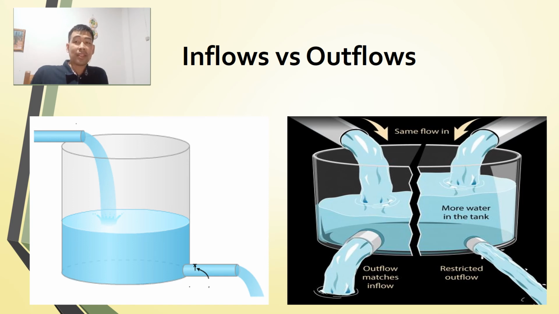If inflow is greater than outflow, then the time will come that there will be a spillover, so there is a wastage of resources. But if there is a greater outflow compared to inflow, then we can expect a shortage of resources.